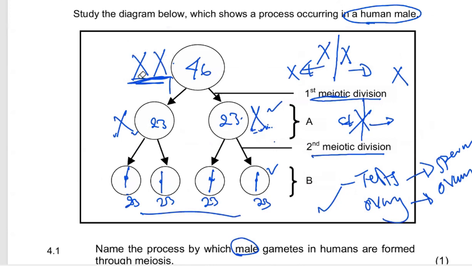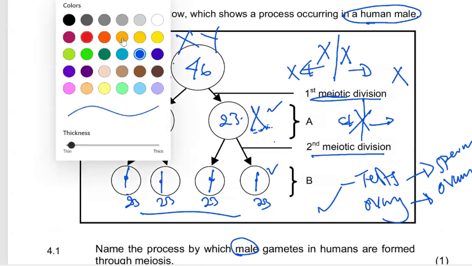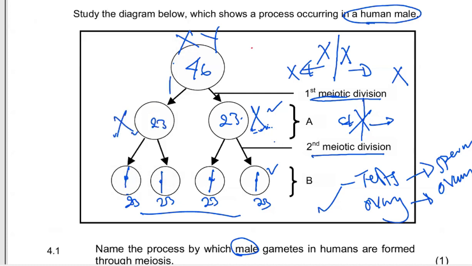But they say this is a male, so it's either X or Y because it's a male. The X will come this side, while the Y will come this side.